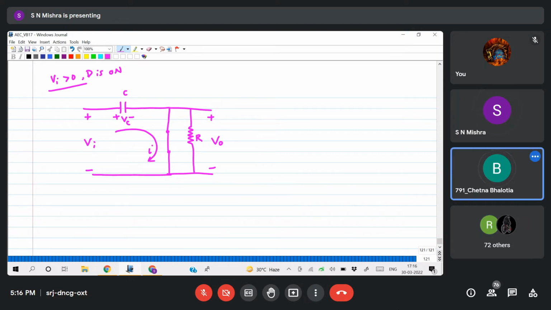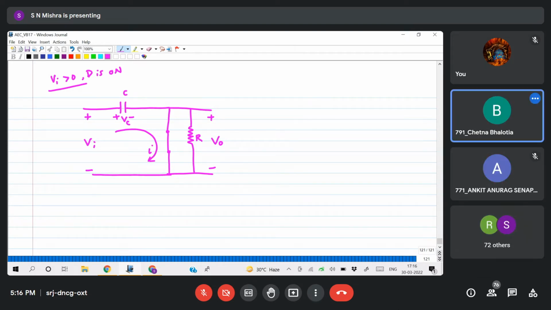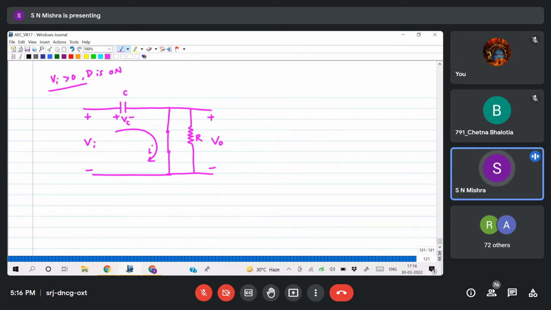Yes, sir. I want to find out the output. So in this condition, the output voltage here to here, that means the point between these two, which is same as these two points, which is same as these two points. What is V0? What is my V0?